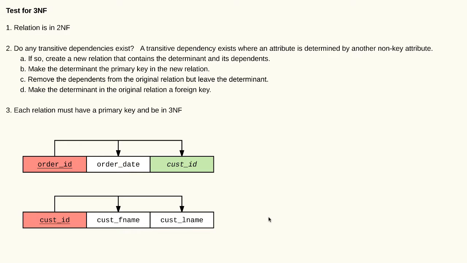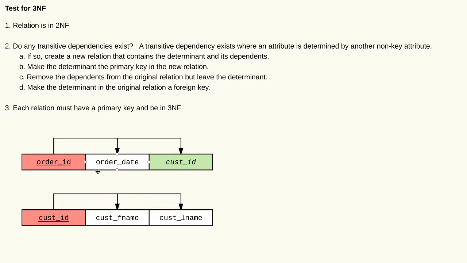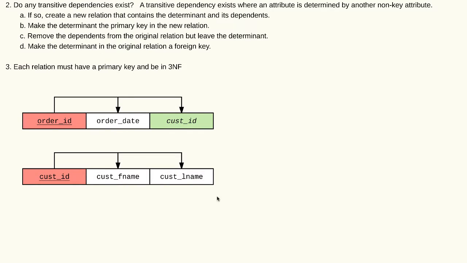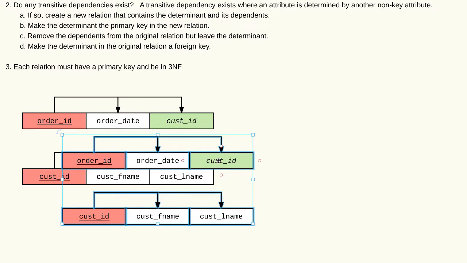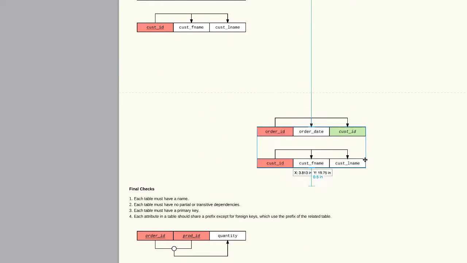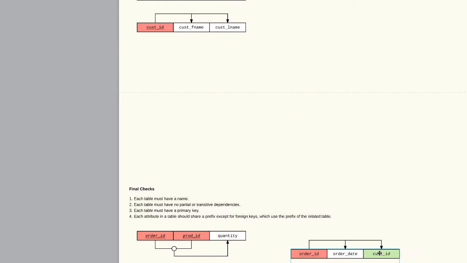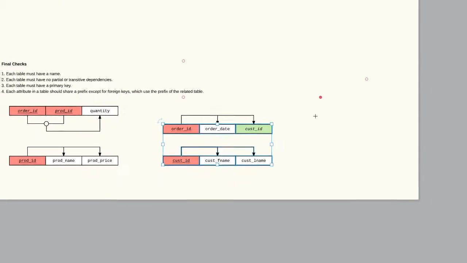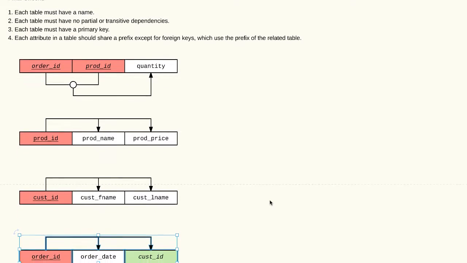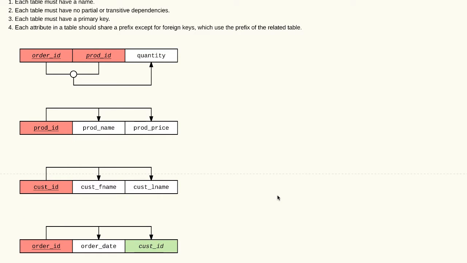So now I have two relations here, and there is no longer a transitive dependency in this order ID, order date, cust ID relation. So what I'm going to do is take these two relations here and duplicate them. I want to bring them down into my final checklist area like this. Label them easier this way.